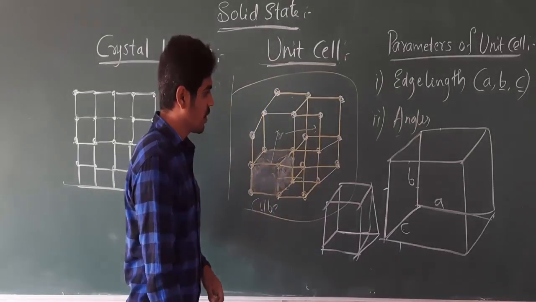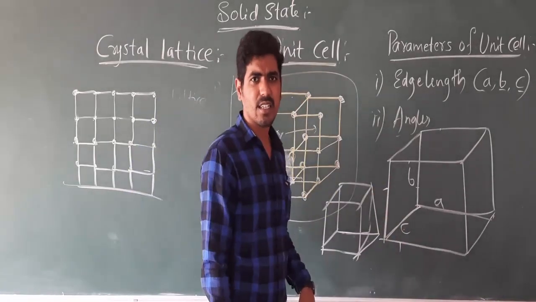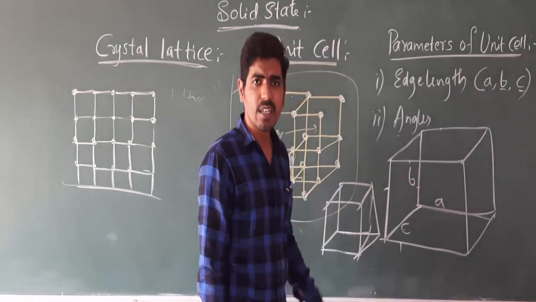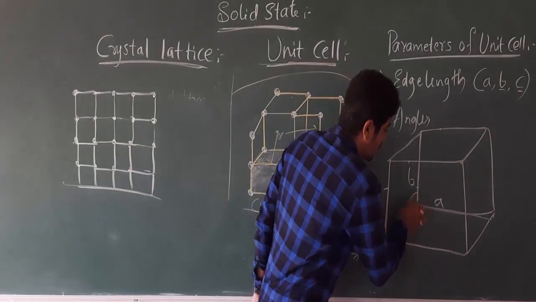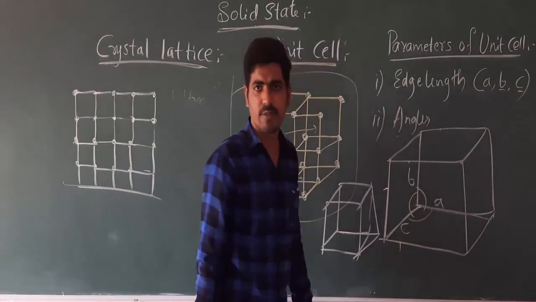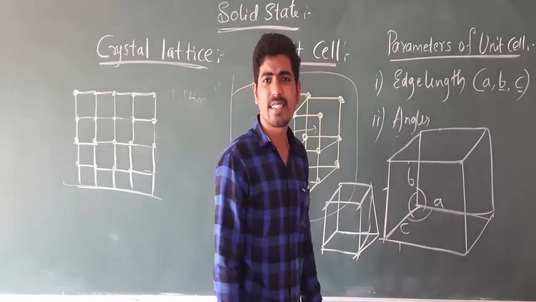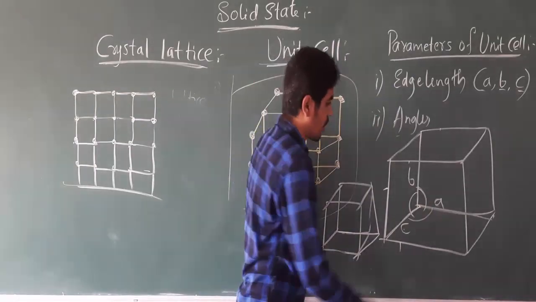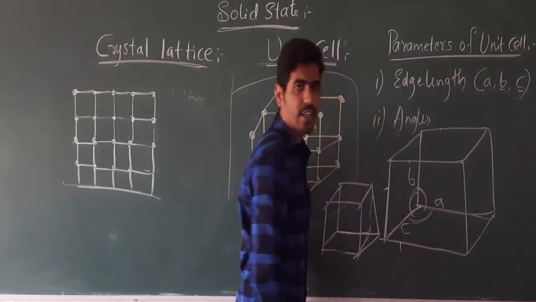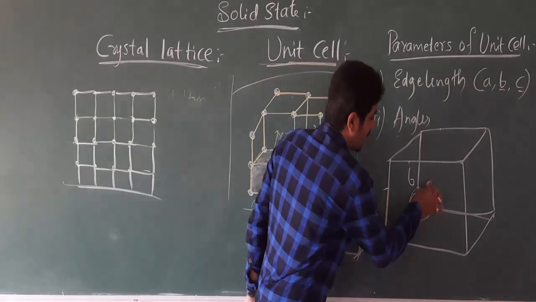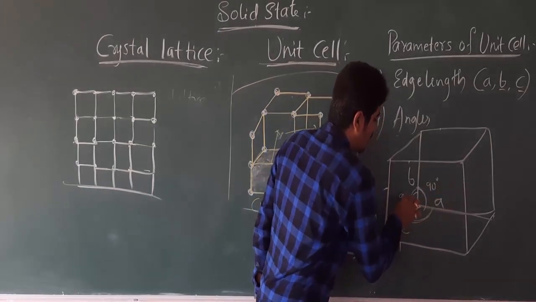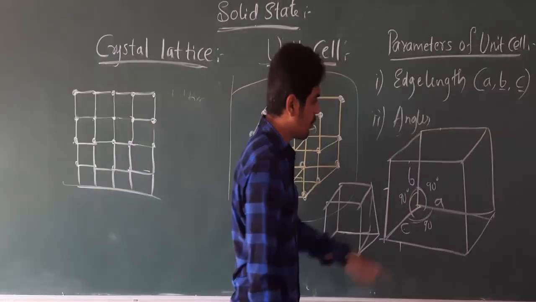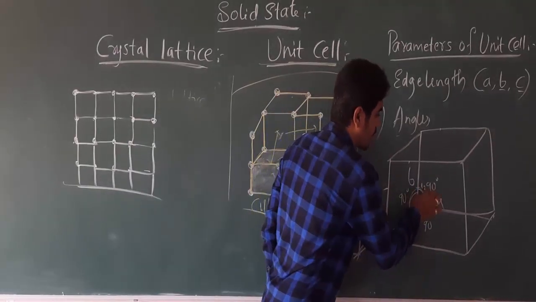And also, apart from these edge lengths, there are other parameters which change the structure of the unit cell. Those are the edge angles, or we can say axial angles. If we change the angles between A and B, or B and C, or C and A, now in a cube, the angles of all the axes are 90 degrees.